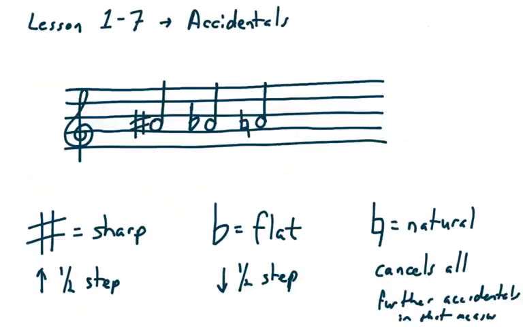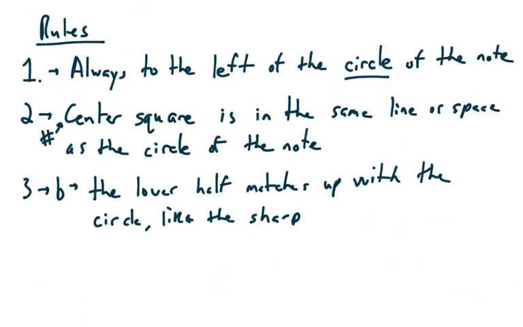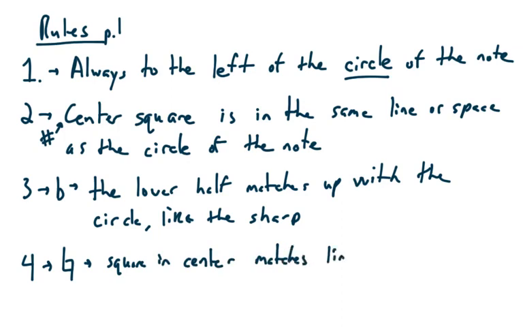Now that's, well, ran out of space, but you get it, in the measure. Now, 4. Natural, square, and center matches line, space of circle of note.